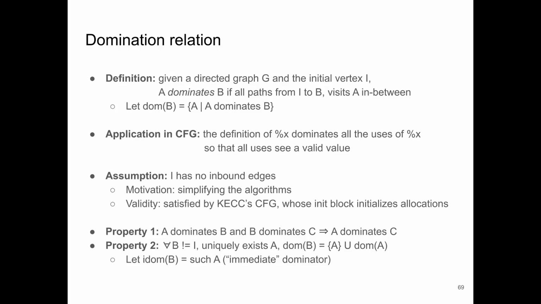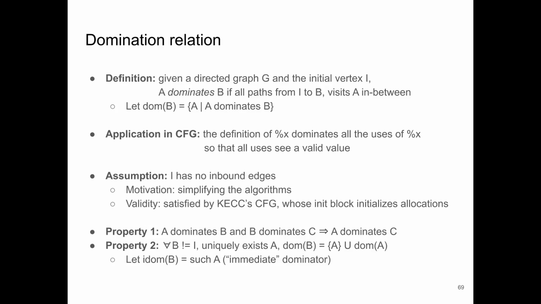The motivation is that for the uses of a register to be valid, the value should have been defined previously. That's why we require that a definition dominates all its uses, so that at the time the register is used, it has already been defined. That's the application of the domination relation to the control flow graph abstraction of basic blocks.